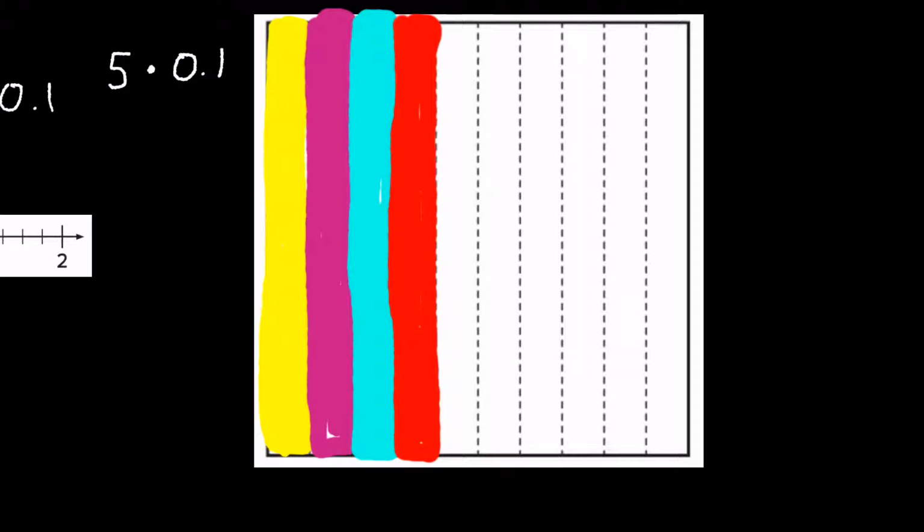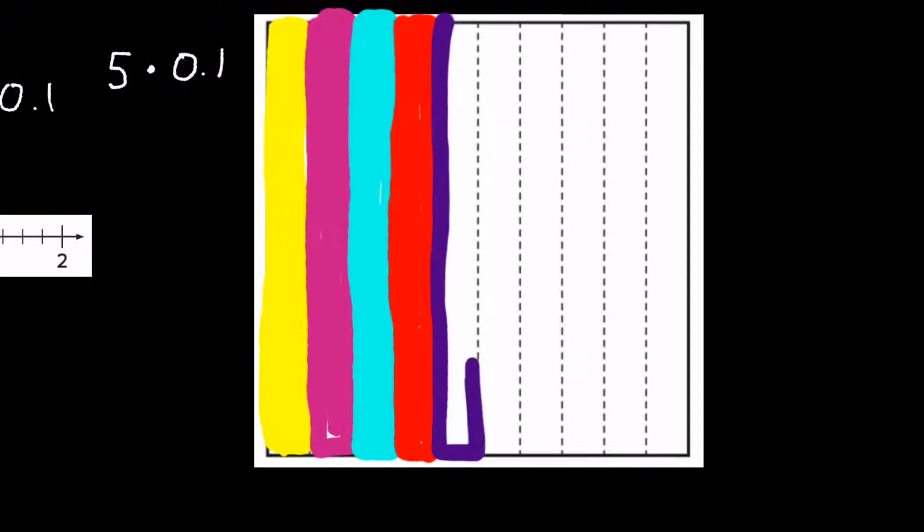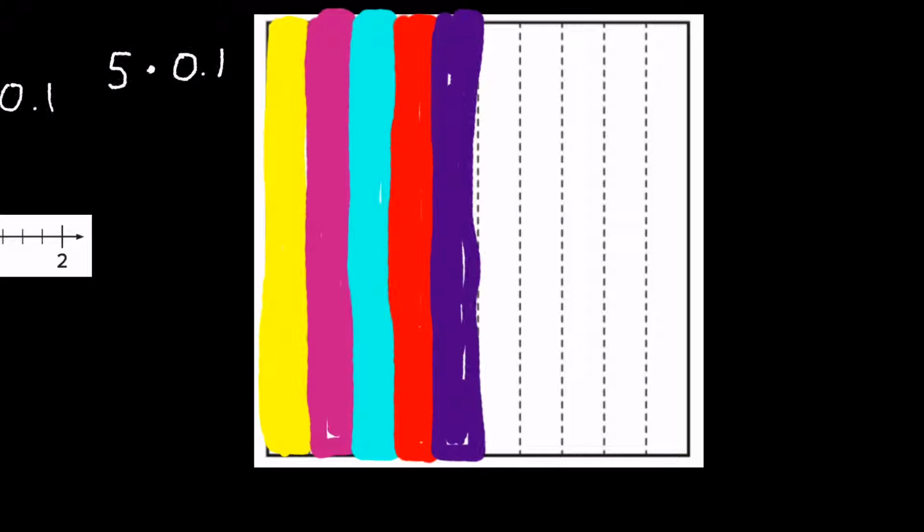Oops, that's not the right color. There we go. This is the right color. So here we have 5 groups of 1/10. And how many tenths is that? Well, just like before, it's 1, 2, 3, 4, 5.